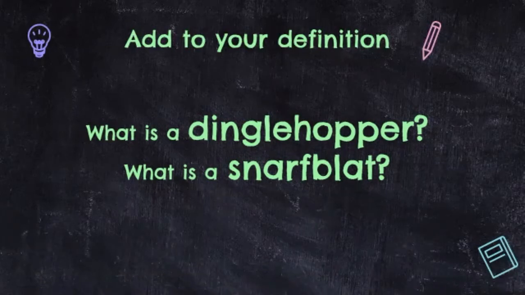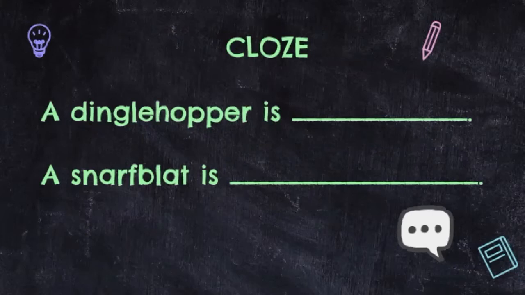You create experiences for them and you allow them to understand language in a way that is meaningful to them. And then provide some way to take a check for understanding. So a cloze is an excellent example to do that. A dingle hopper is blank. A snarfblat is blank.